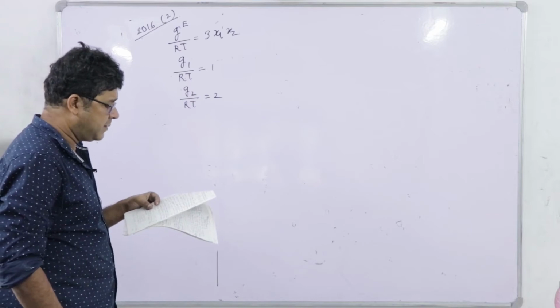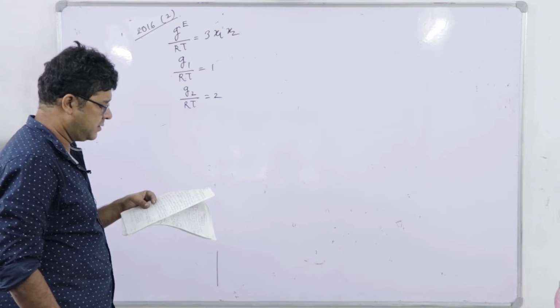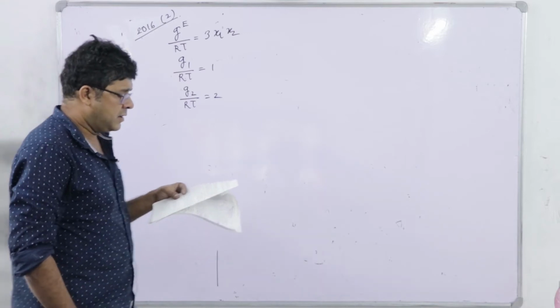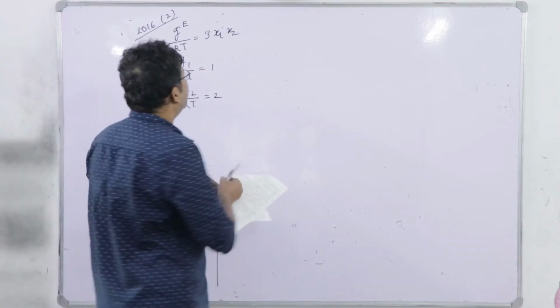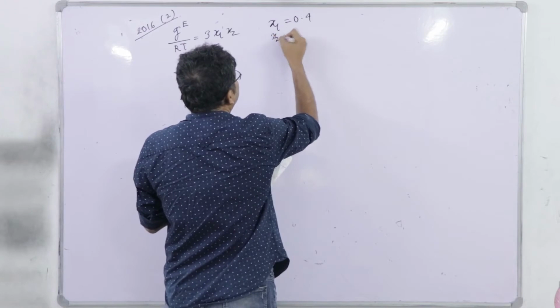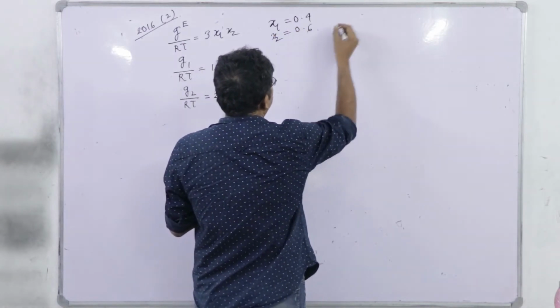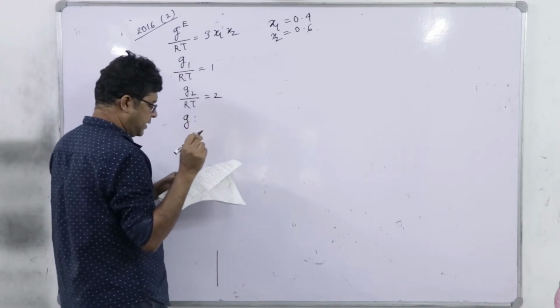At the same temperature, G represents the molar Gibbs free energy of the mixture, right. Now for a binary mixture of 40 mole percent of species 1, that means x1 is equal to 0.4 and x2 is equal to 0.6.